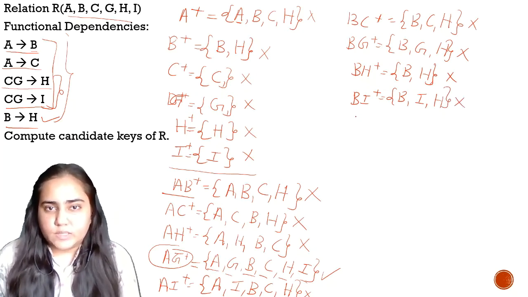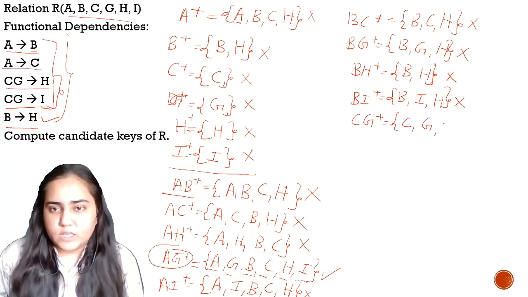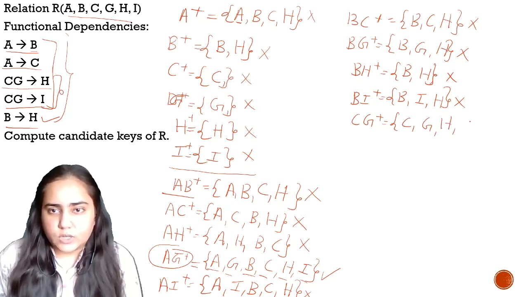Now let's try with C. So we are going to try CG plus. CG plus means I can add C, I can add G. Now because of C and G, I can add H and I, but I cannot add A and B. So this is not a candidate key. Next, I can have CH plus.